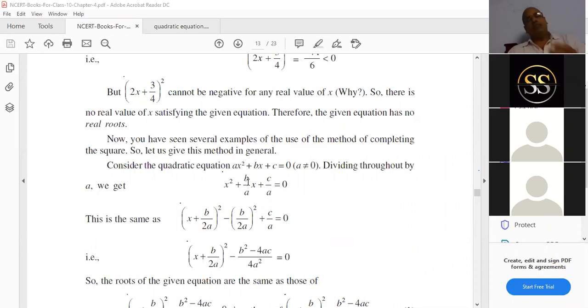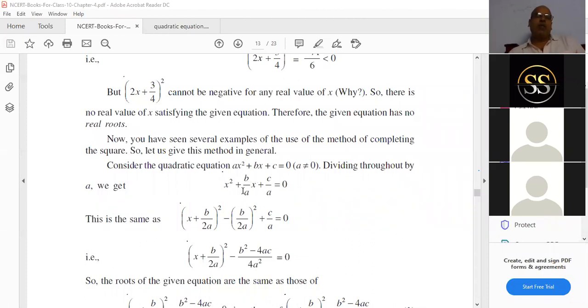In the numerator I want b, in the denominator I want a, and the 2 should get cancelled. Because b by a into x you have to get, I wrote plus 2 into x into b by 2a. Then 2 into x into b by 2a means the 2 cancels, and I will get (b by a)x only.